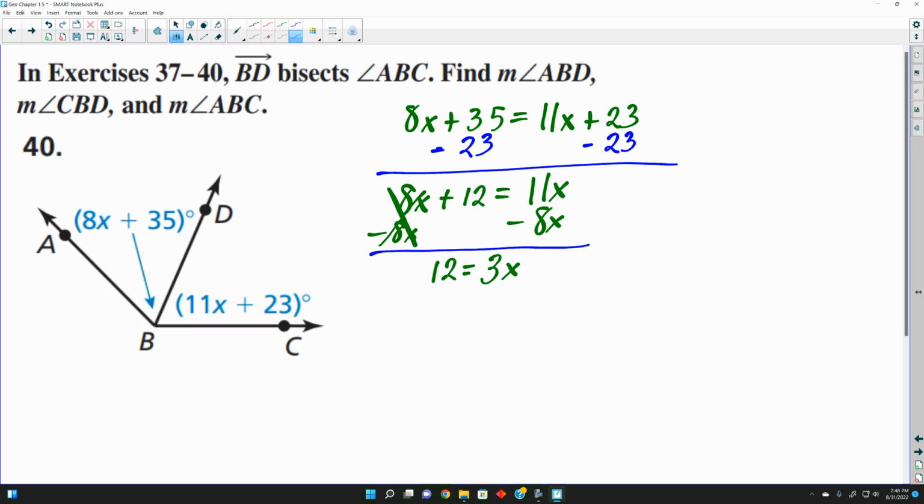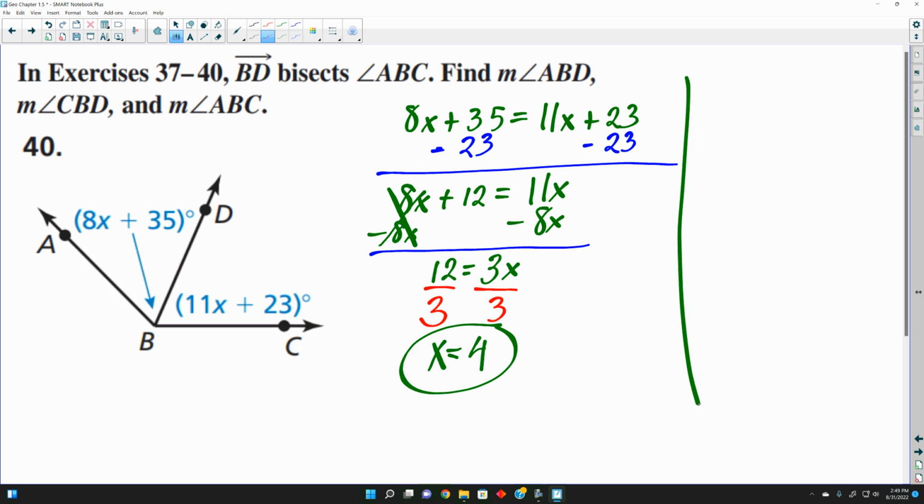Now we divide. And we divide by? So x is equal to? Okay, so it's just 4 degrees. 4 is the value of x. To find the angle, we have to plug it back in. Which one do we plug it back into? Yeah.